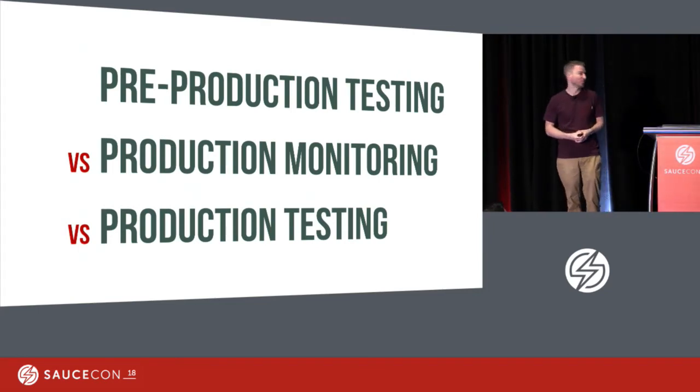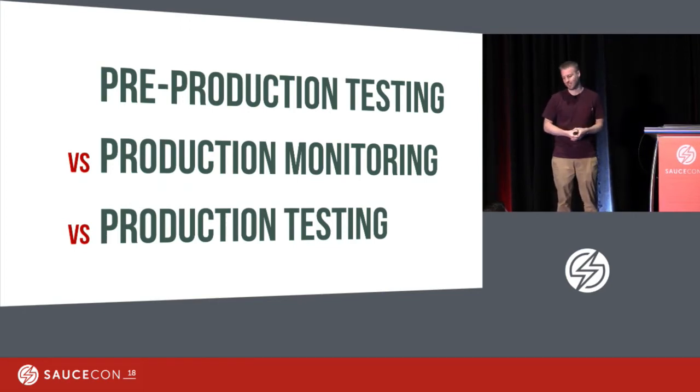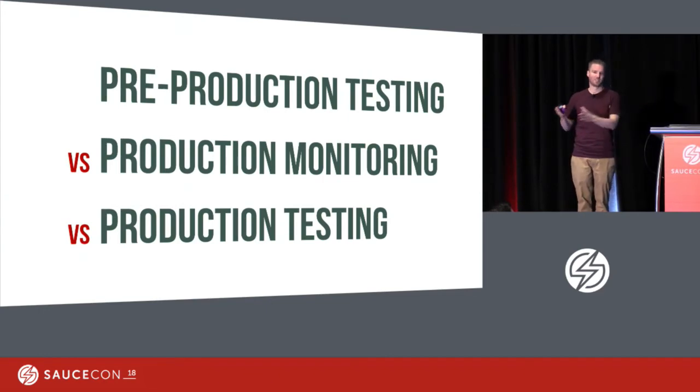But it can be very useful for capturing things like JavaScript errors. And then production testing is running the same kind of integration test that you would run pre-production, but against your production site. And this guarantees that the artifact of code works now rather than at the specific time that it went out. But it could also guarantee that it's broken now rather than at the specific time it went out.